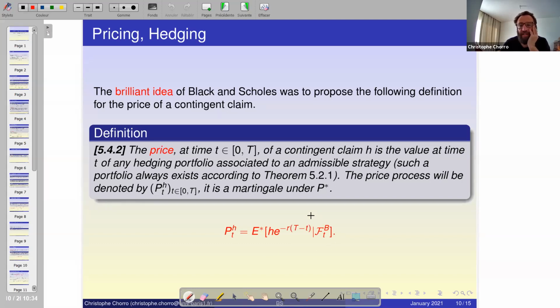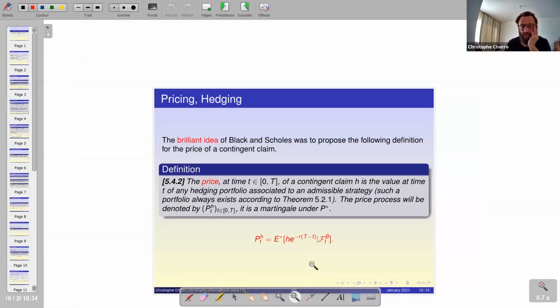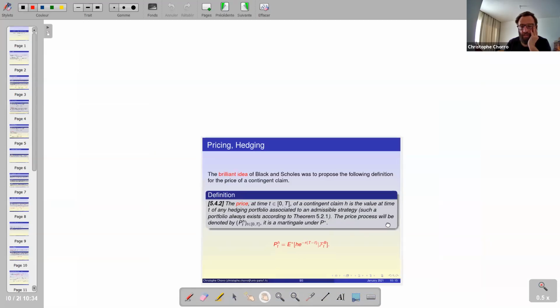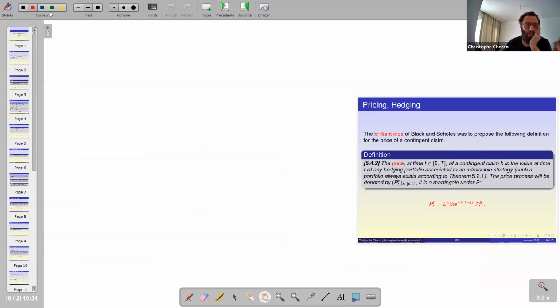Okay, so it means that in practice, what is our objective in this course? We want to price and to hedge. For the price, if I give you a contingent claim, I want to price first and then to hedge.